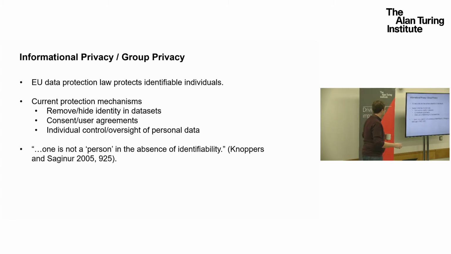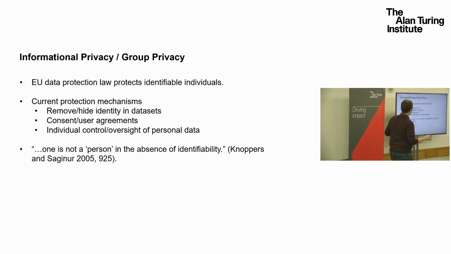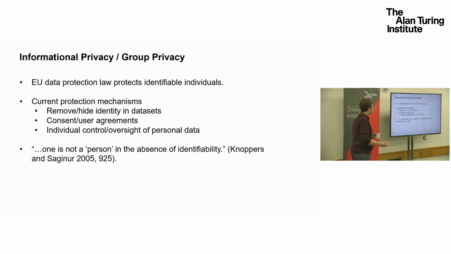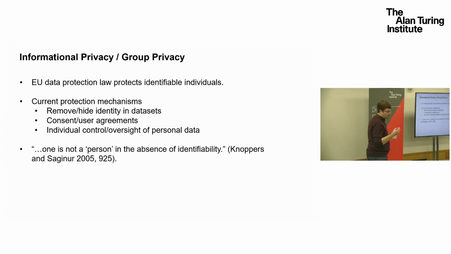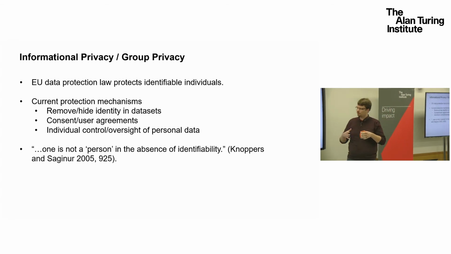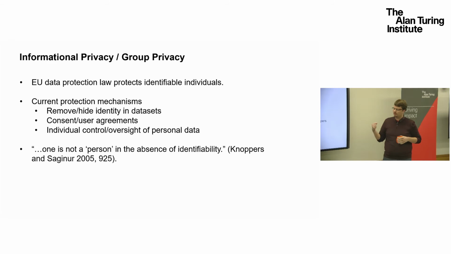Right, so moving on to another one of the issues that was raised. This has to do with how informational privacy is changing in response to algorithmic systems, and essentially how there's a need to start to look at the privacy of groups. So in Europe, the data protection law that we have, both in terms of the member state law that we currently have and also the forthcoming General Data Protection Regulation, which will seek to harmonize standards across Europe, there's this focus on identifiable individuals.